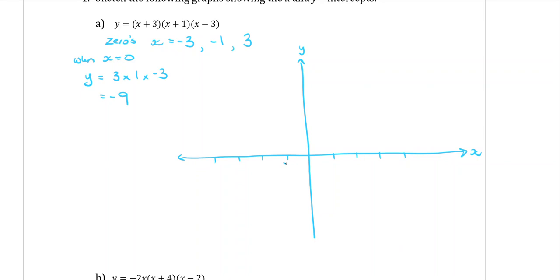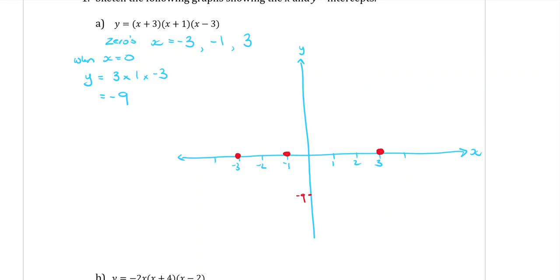So we'll have a -1, -2, -3, and 1, 2, 3 across there. So I have intercepts at -3, -1, and a +3. I also have a y-intercept at -9. So that's somewhere down here. I'm going to put it there. So see, not to scale, because it's definitely much smaller than the scale I was using on the x-axis, but that's okay.